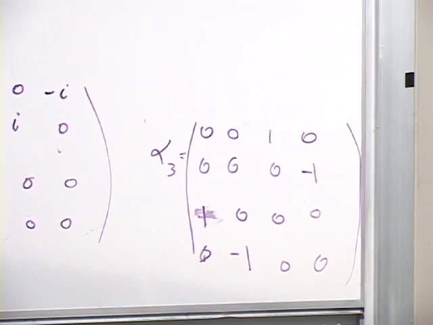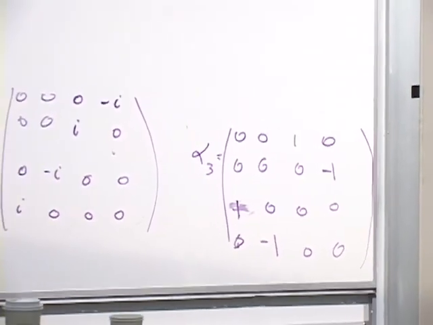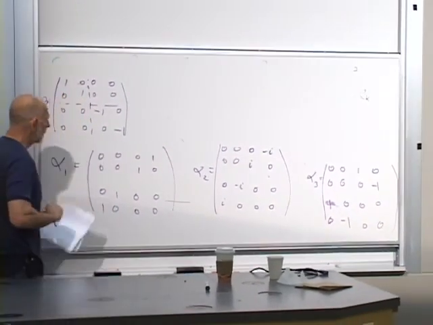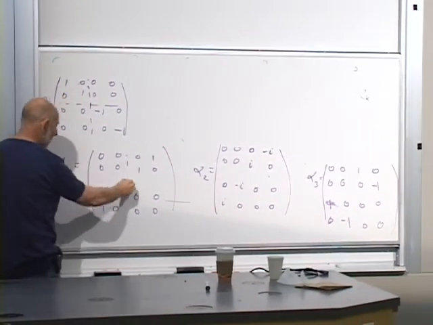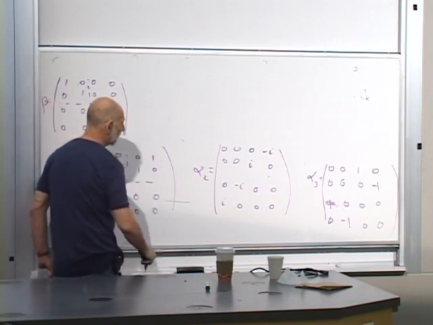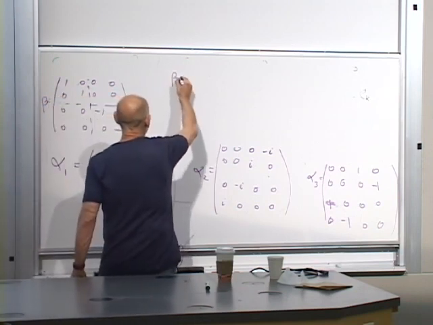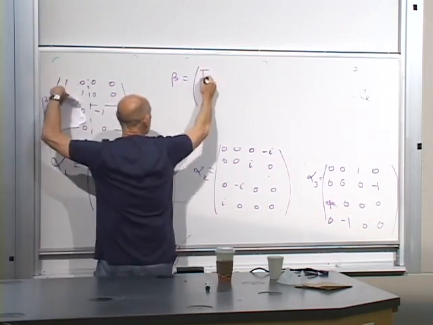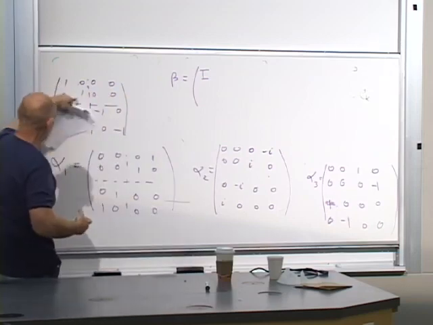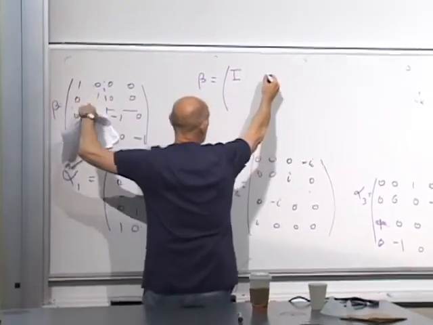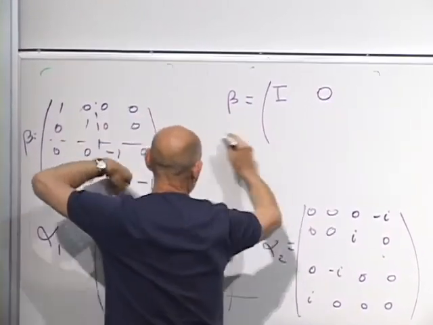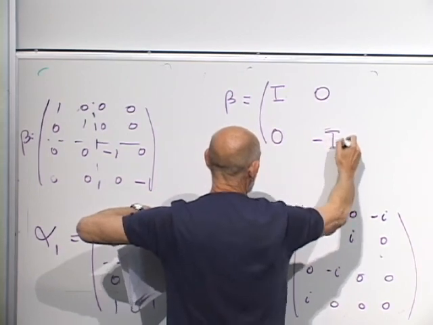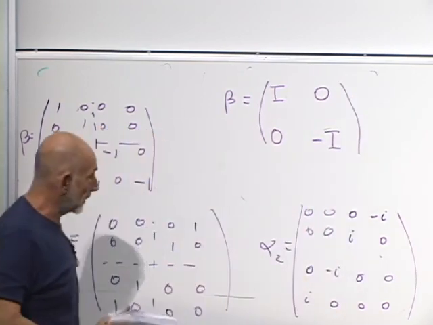A more nifty notation is to divide things into blocks of 2 by 2 matrices, and then write them in the form: beta is equal to the unit, let's call it I, for identity or unit 2 by 2 matrix, 0, 0, minus I, where each entry is now a 2 by 2 matrix.